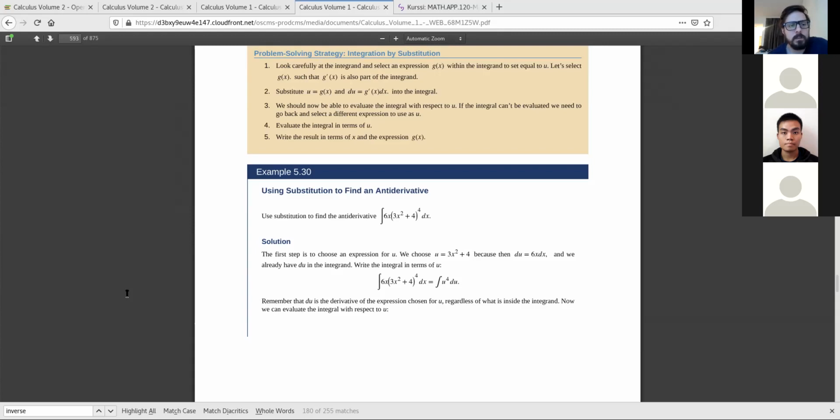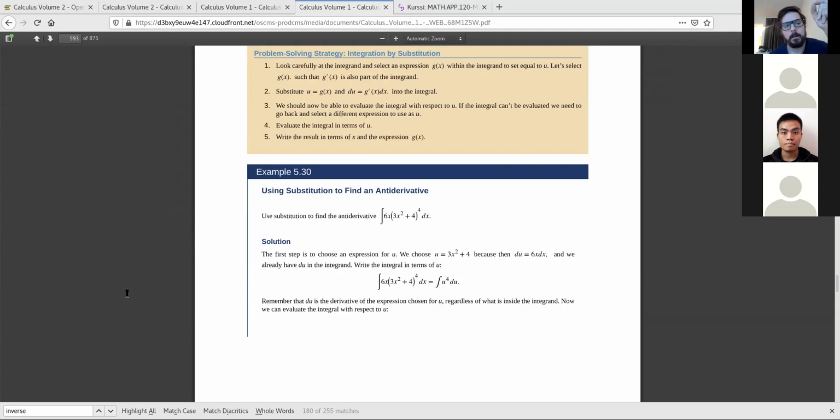Because u is 3 times x squared plus 4, a teeny weeny change in x results in a change in u proportionate to x, which is 6 times x.